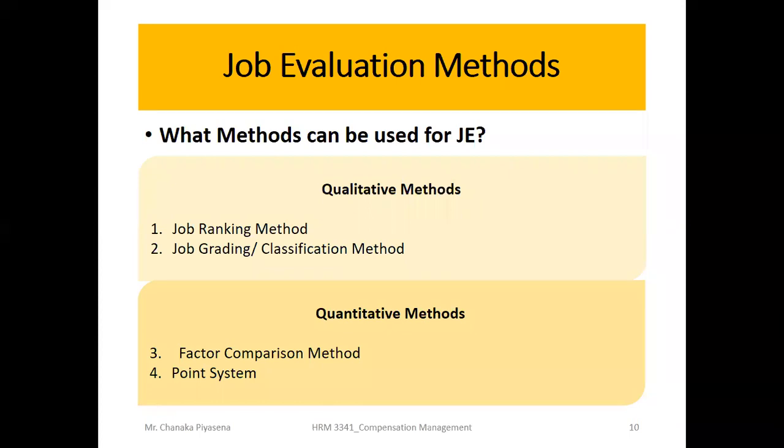Qualitative methods do not use a numeric value for the relative worth of the job, but for quantitative methods, the results are presented by a numeric value that represents the relative worth of the jobs.